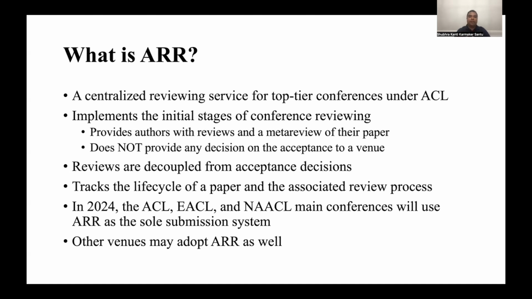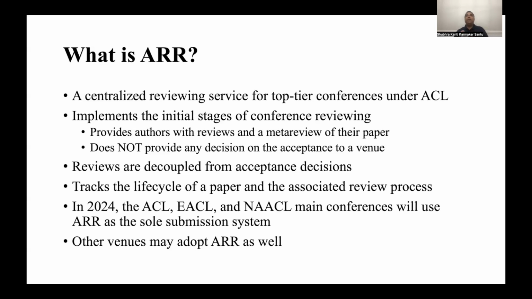But each conference has its own organizing committee, program committee, senior area chairs, and reviewers. What ARR is trying to do is to centralize this reviewing process.